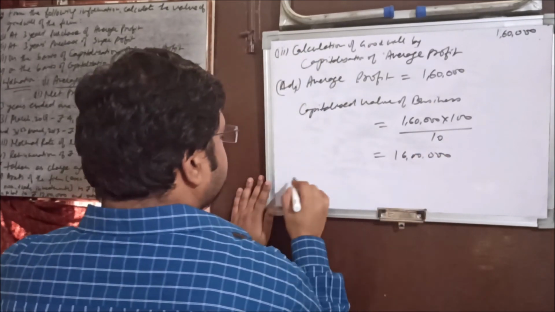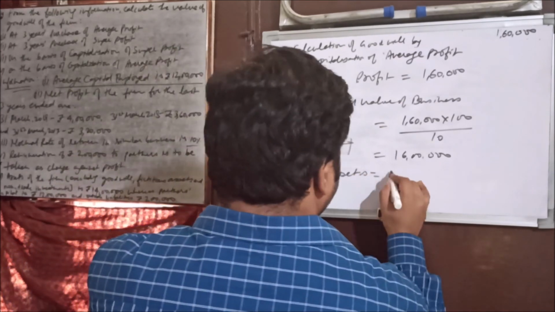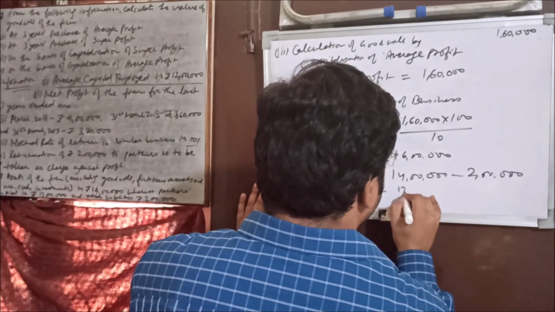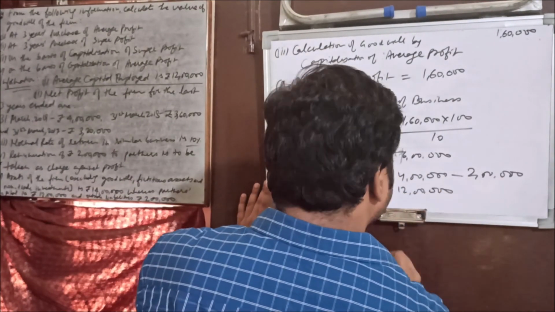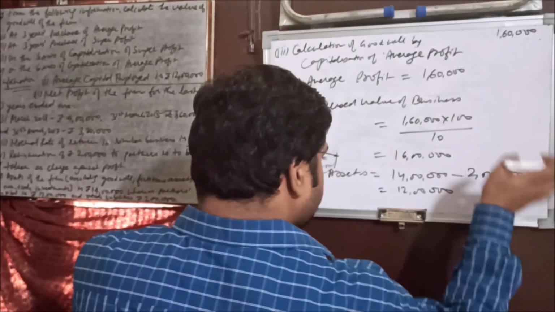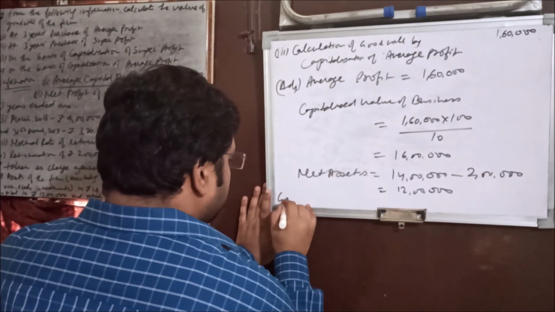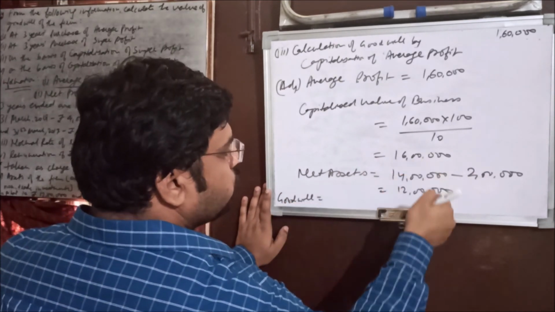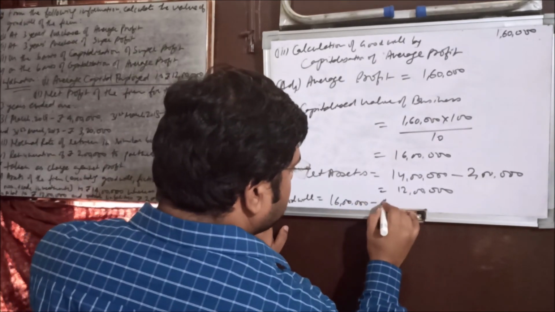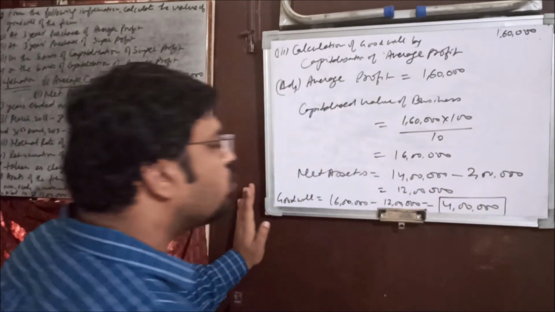Net assets, as calculated, are total asset 14 lakh minus outside liability 2 lakh, that is 12 lakh. It is only a coincidence that the average capital employed and net asset are the same. Anyway, the last step is calculation of goodwill. From the capitalized value of business we will deduct net assets. So the difference comes out 4 lakh, that is the value of goodwill.